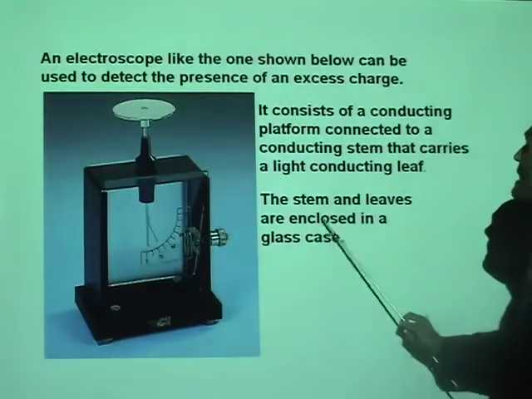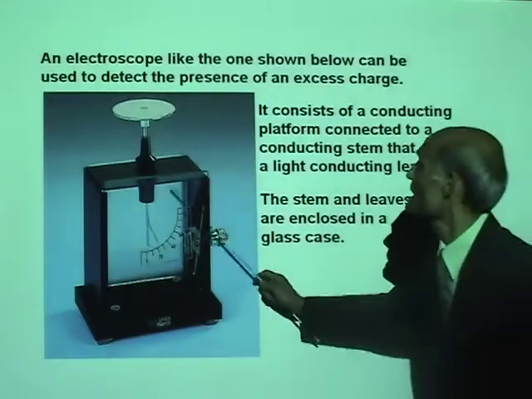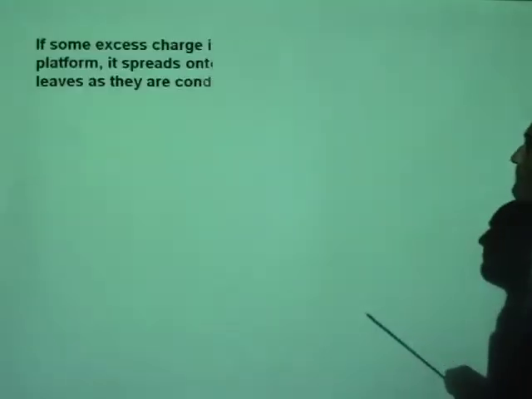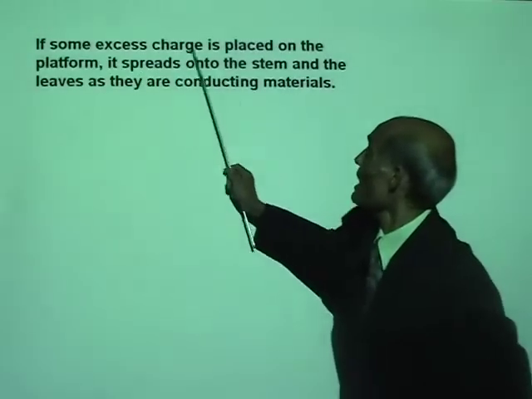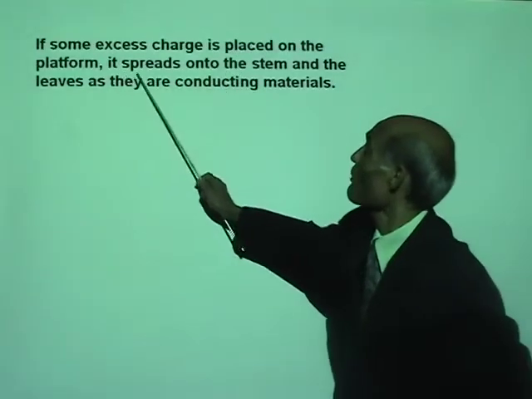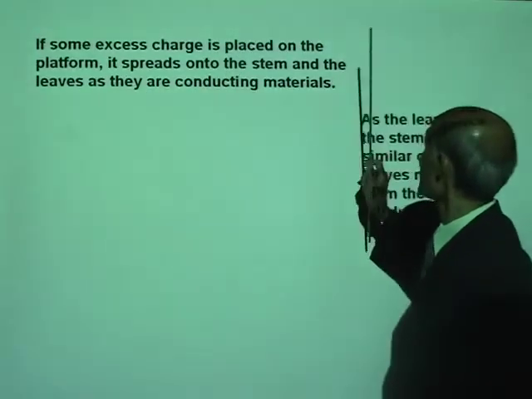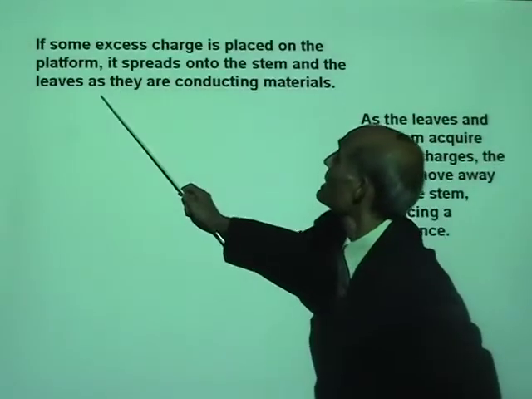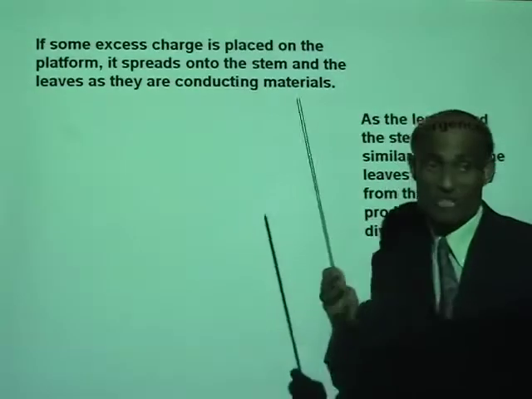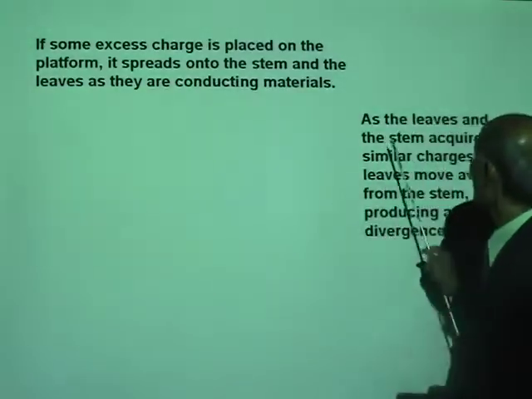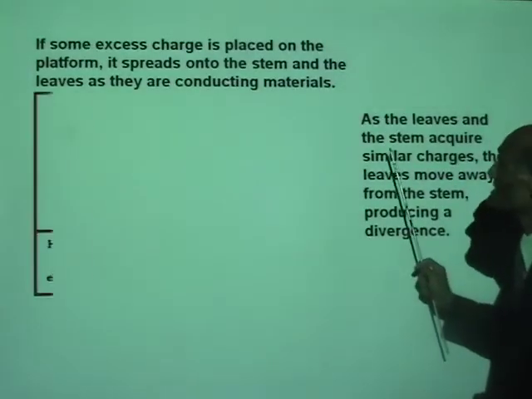The stem and leaves are enclosed in a glass case. If some excess charge is placed on the platform, it spreads onto the stem and the leaves as they are conducting.